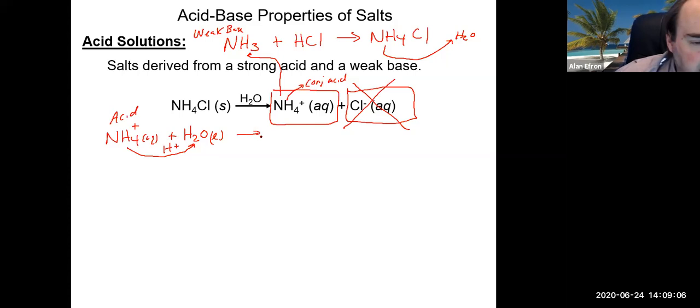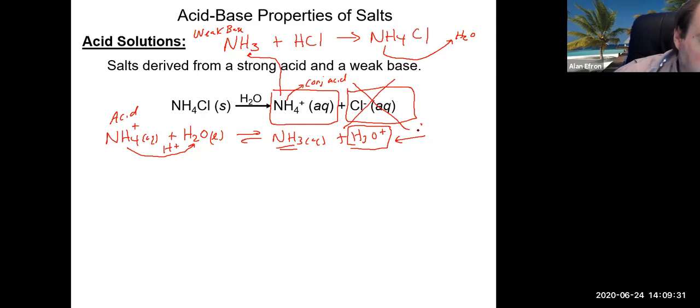And when it does, we will get NH3 and H3O+. So we generated where NH4 plus came from, and most importantly, we see that we produce H3O+.